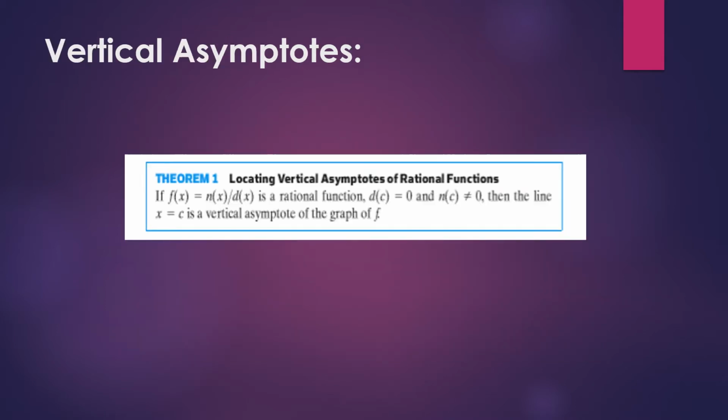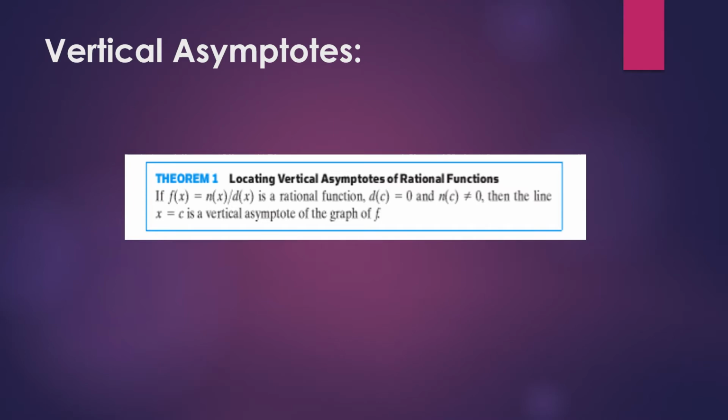Here we have our first theorem about vertical asymptotes. This theorem says that if a function f is a quotient of two other functions, n and d, if the function d at point c is 0 and n is not 0, then we would say that there is a vertical asymptote at x equals c.